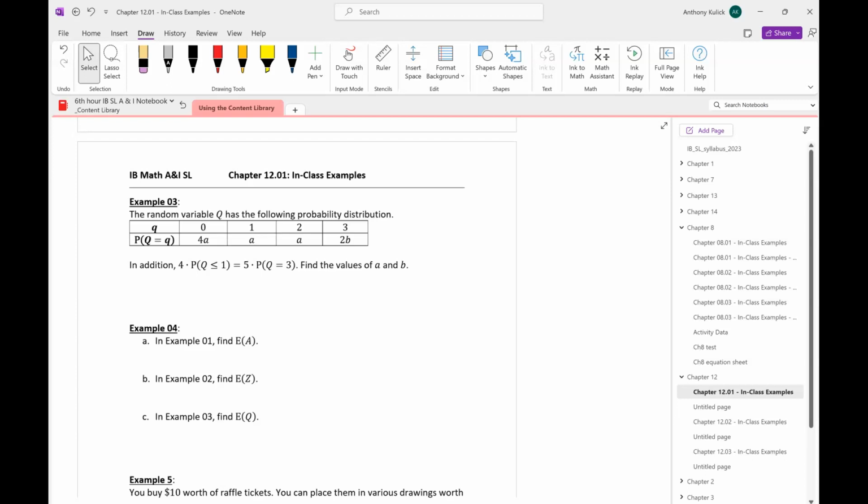So this is very similar to the previous problem, right? What's making this a little bit harder, though? It's that you have two variables, right? So I would start the same way.